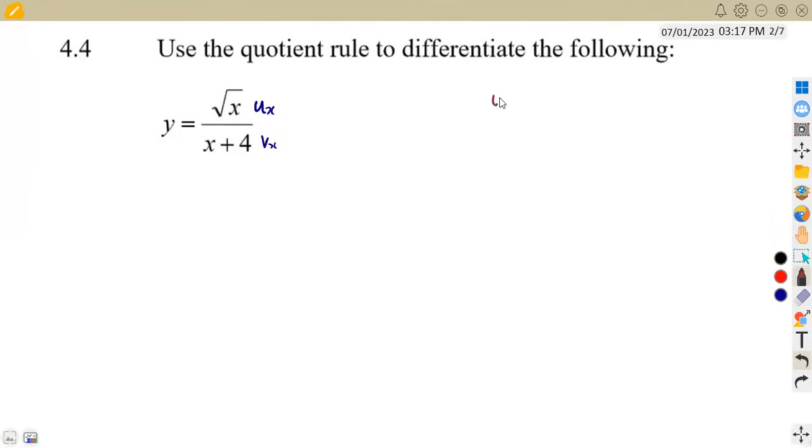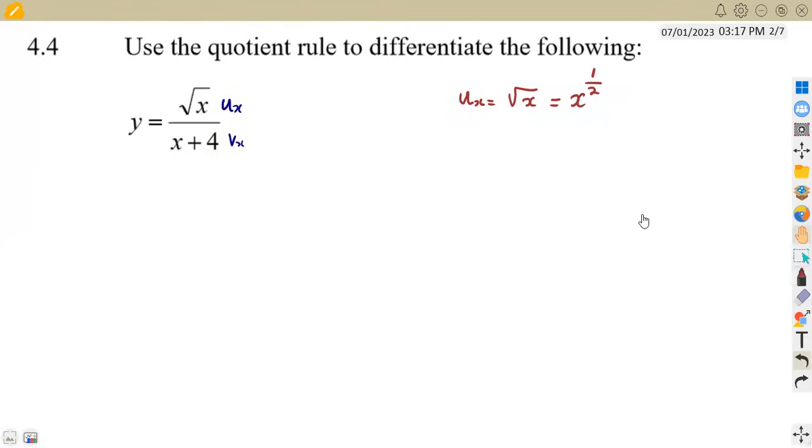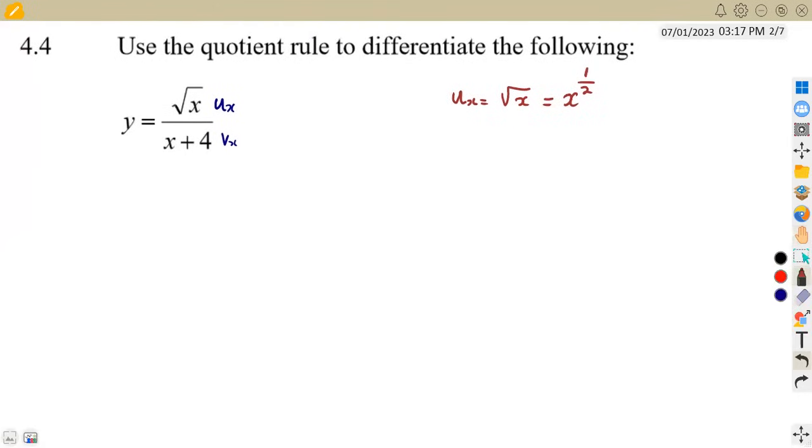So we are saying our u(x) in this case is equal to the square root of x. The square root of x, we understand, is the same as x to the exponent of a half. This is what we know from our laws of exponents. And we saw that from our formula, we are going to need the derivative of this. So let us find the derivative with respect to x for this u.